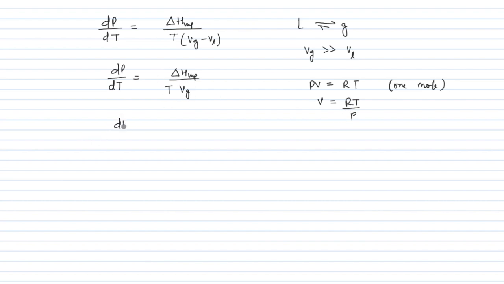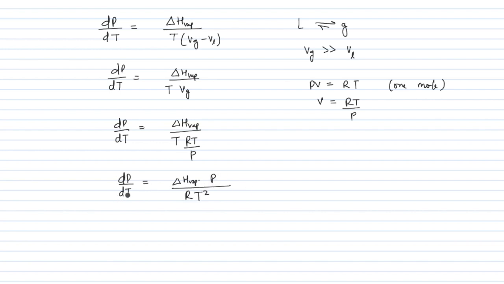So what I will get is dP upon dT is equal to delta H of vaporization divided by T, and in the place of Vg, that is the volume of gas, I can put RT by P. So basically the equation overall becomes dP by dT is equal to delta H of vaporization multiplied by P divided by R T square.